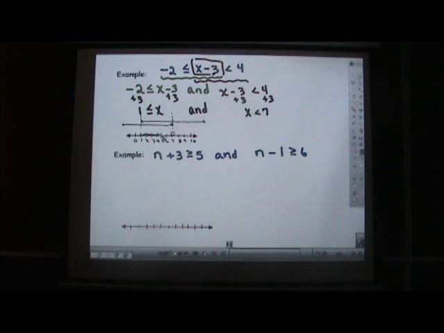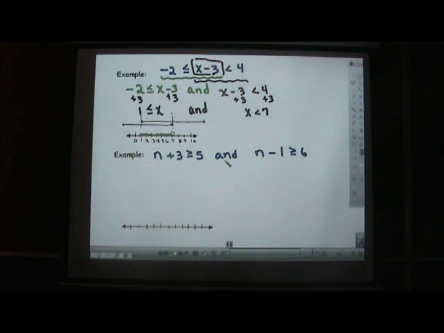Make your shading where there's no doubt we can tell where your shading is located, because that is the solution area. Only those values will work. 7 does not work because it has an open circle, but 1 would, and then all the way up to 2, but not including 7.